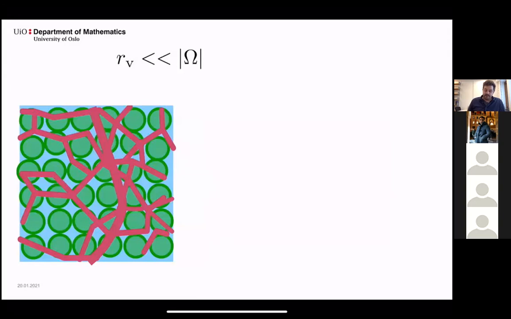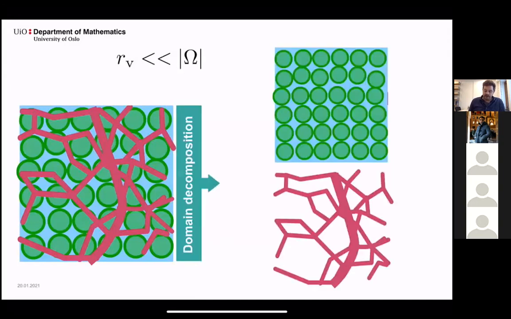And then we look at the network and we see that these vessels are actually very thin in comparison to our domain size and in comparison to the distance between vessels. And that leads to another decomposition where we say, well, if we just regard the whole volume as a tissue, and take out the vasculature completely, we actually don't make that big of a volume error.